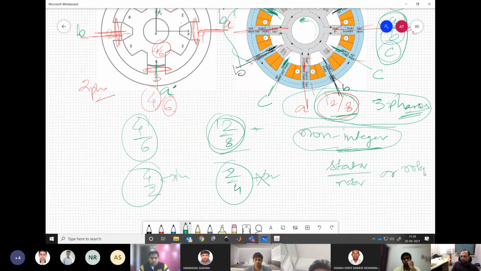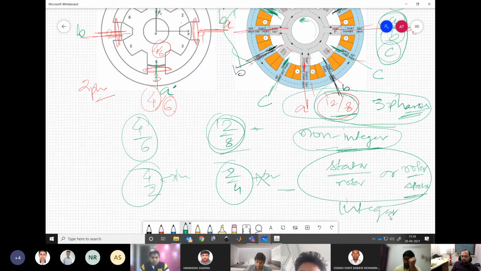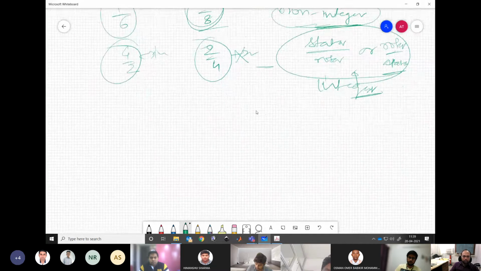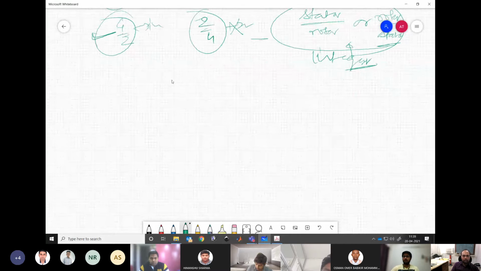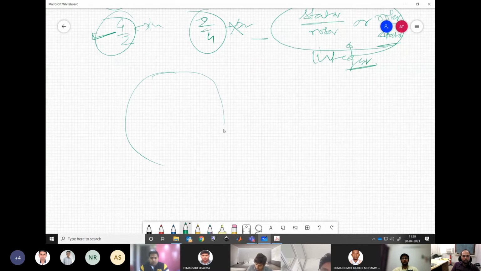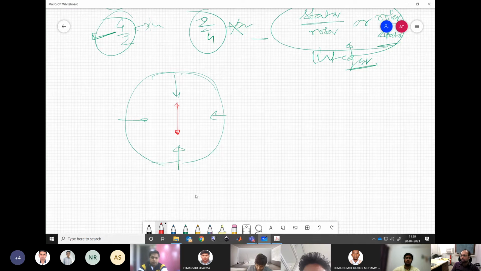or rotor by stator, if any of this is integer, then we have certain positions where the possibility of lockout is there. For example, let us say we talk about this 4 by 2 SRM. It has 4 stator pole positions, let's say like this, and then the rotor has only 2 positions.